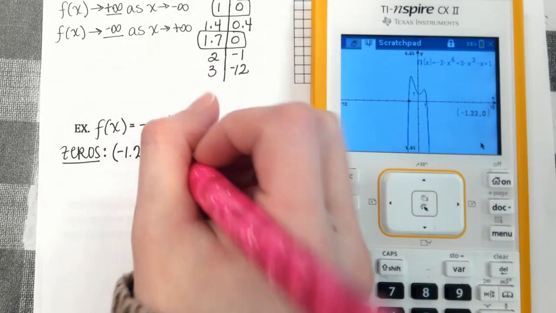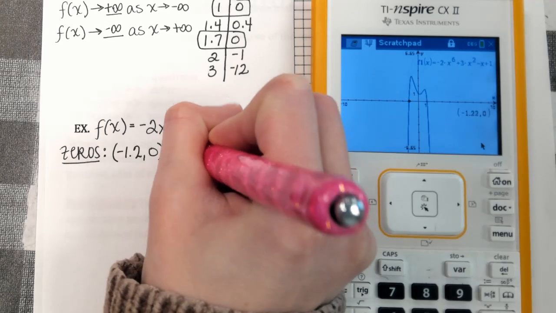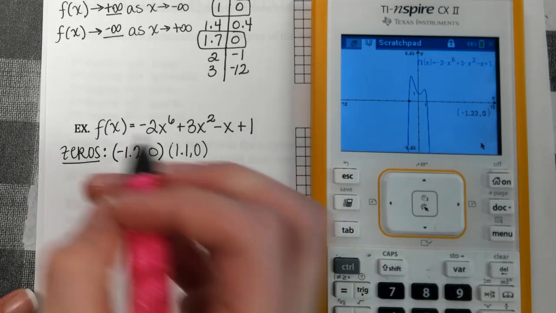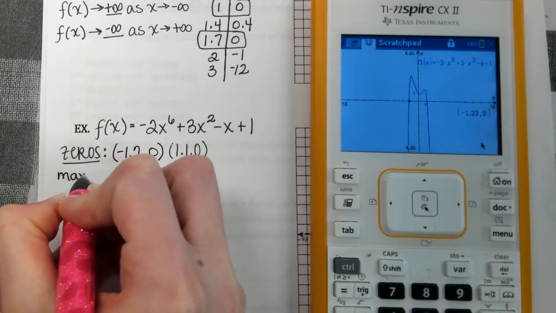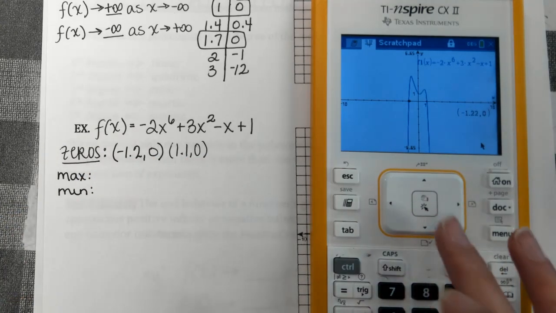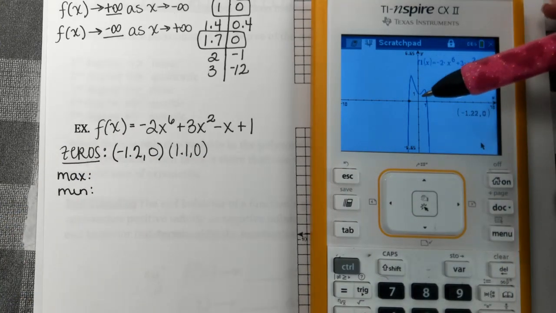What is it? 1.10. Okay. Then when you do your max and mins, how many are you going to have to find? If you're looking at your graph, how many maxes do you have? 2. And how many mins do you have? 1. So you have a max and it comes down to a min and then it comes up to a max.